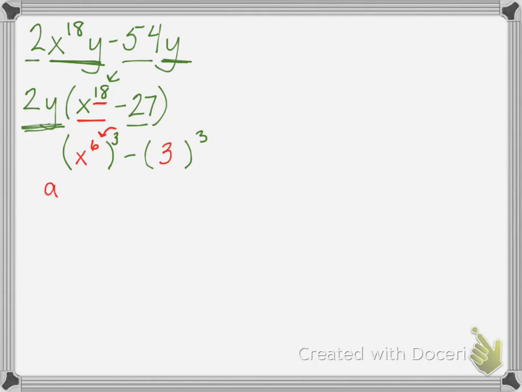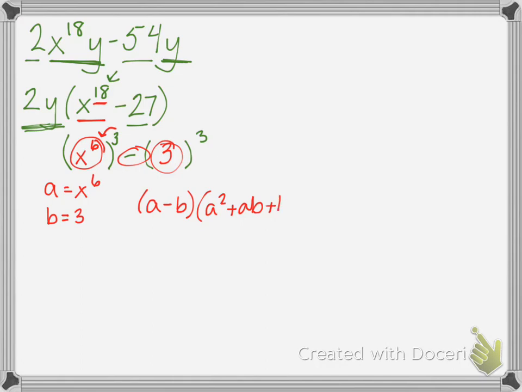So in my formula, wherever I see a, what am I going to be substituting? X to the 6th. And wherever I see b, I'm going to be substituting 3. So do I have a sum or a difference here? I think I have a difference, because I've still got a subtraction sign. So I have to use the difference formula, which is a minus b, a squared plus ab plus b squared.